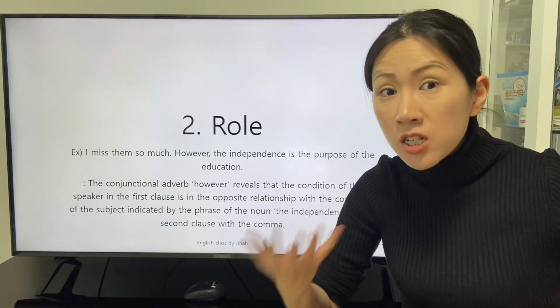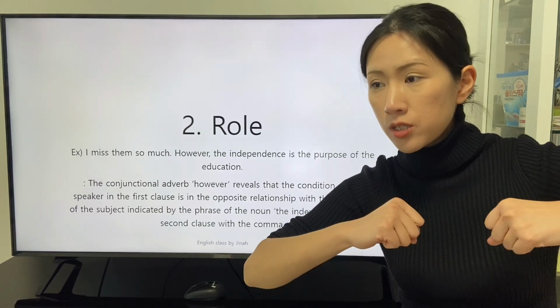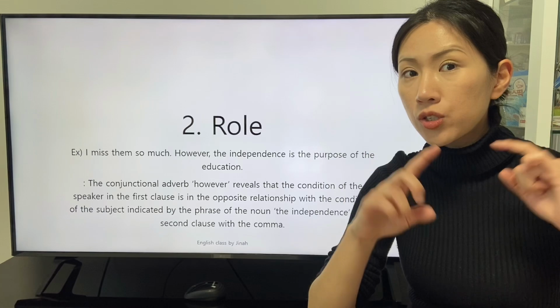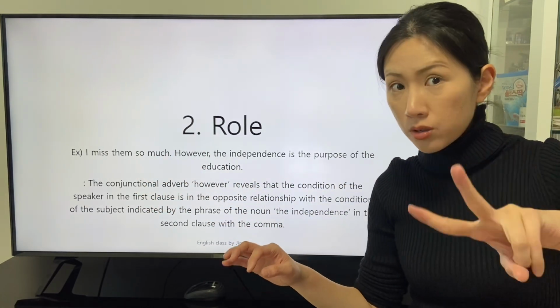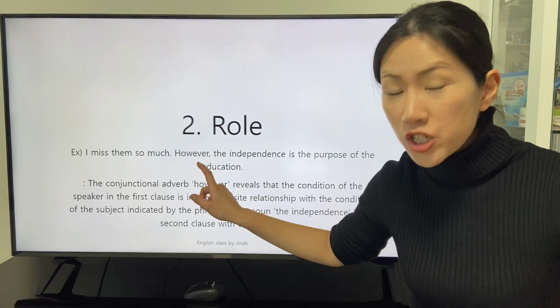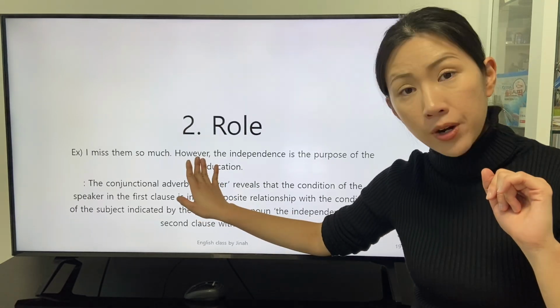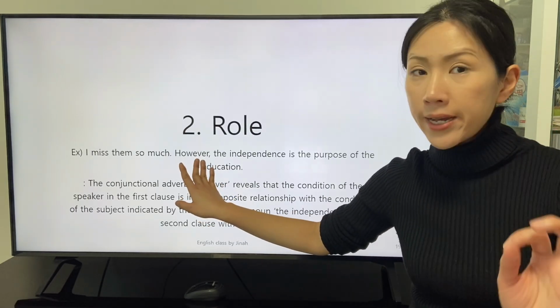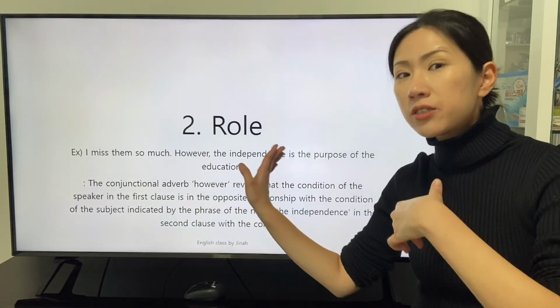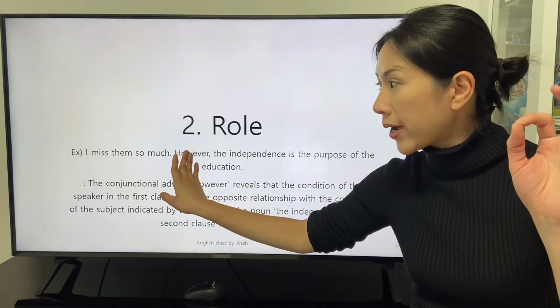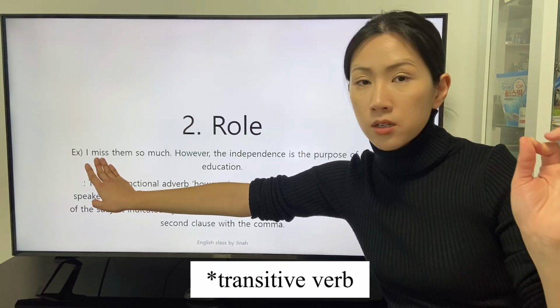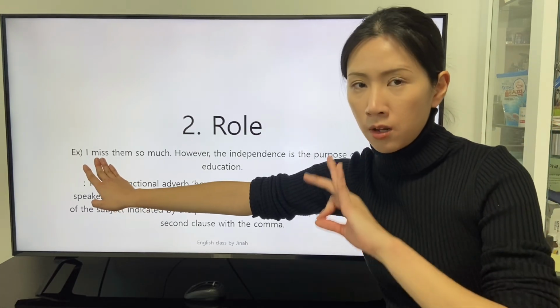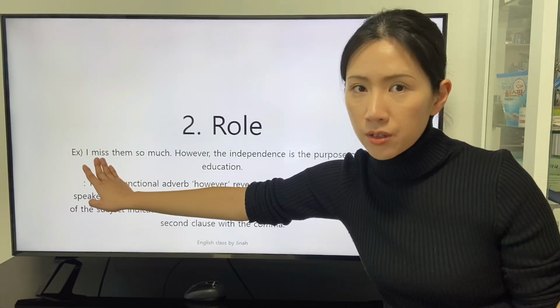The adverb to reveal the logical relationship between two clauses does not link two clauses. Two clauses are divided into two clauses. The conjunctional adverb, however, is applied in the latter clause to describe the definition of the miss in the first clause.